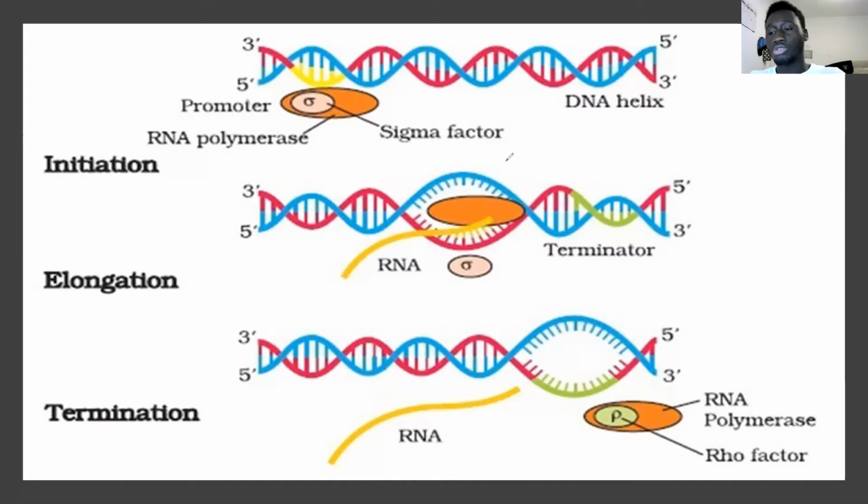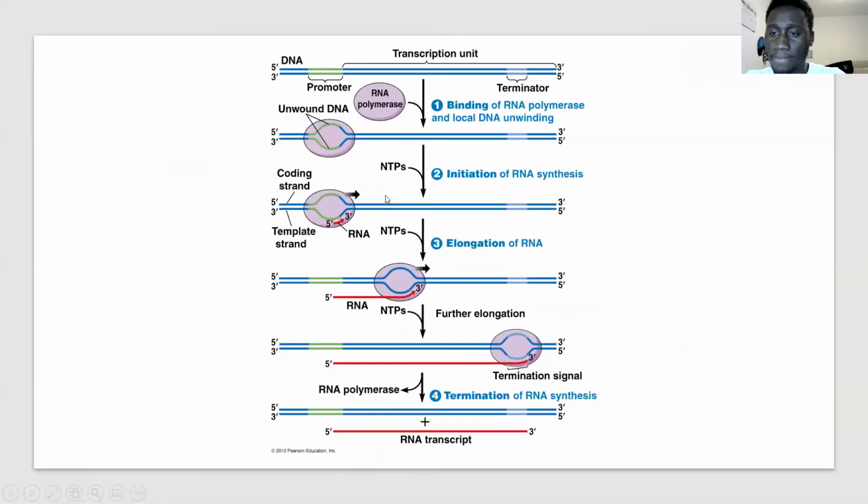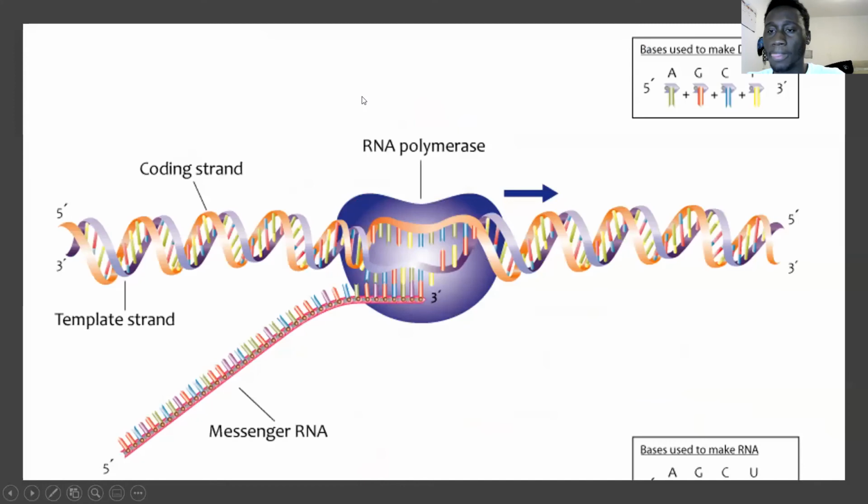But in the end, in termination, there's the dissociation of RNA polymerase and the RNA. So that's it for the termination. So that's pretty much everything. You could actually see it from here. So this part goes and that's pretty much it. Thank you.